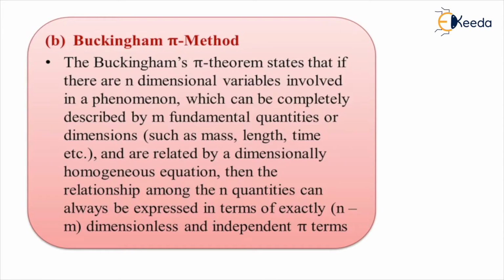The Buckingham's pi theorem states that if there are n dimensional variables involved in the phenomenon, which can be completely described by the m fundamental quantities or dimensions such as mass, length, time, etc., and are related by the dimensionally homogeneous equation, then the relation among the n quantities can always be expressed in terms of exactly n minus m dimensionless and independent pi terms.